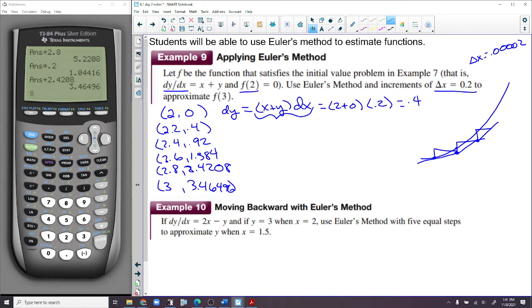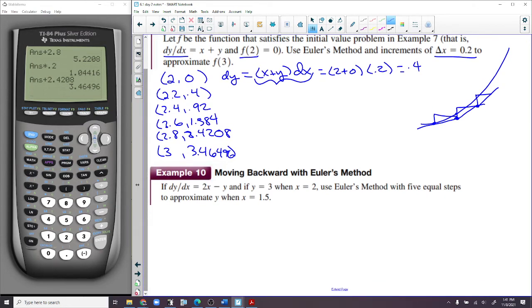Got the change in x, need the change in y. And we can use Euler's method to do that. What does this say? If dy dx is 2x minus y, and if y is 3 when x is 2, we're going to start with the 2, 3, in other words. Use Euler's method with 5 equal steps to approximate y when x is 1.5.